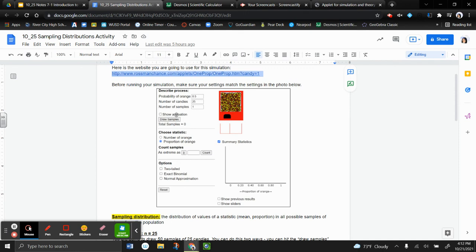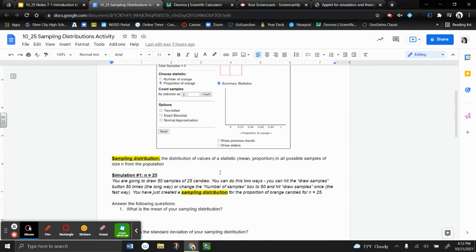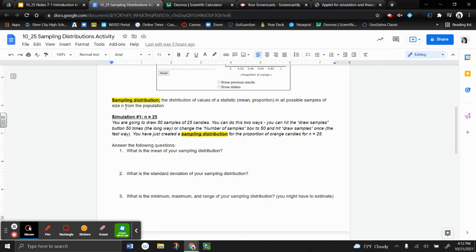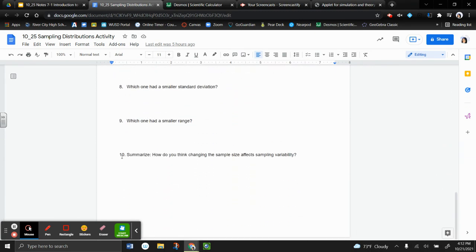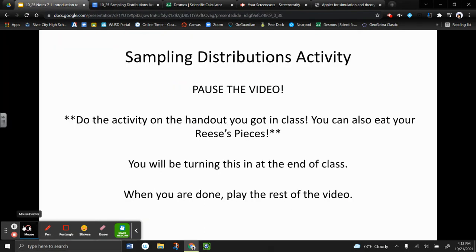You want to uncheck the show animation button, because if you keep it checked, it's going to take forever. You need to make sure you're calculating the proportion of orange, not the number of orange. And then you want to make sure the summary statistics box is checked. Then you're going to go through the instructions here, answer these questions, and when you get to question number 10, you're going to come back to this video and continue the notes. So go ahead and pause the video and do the activity on the handout you got in class. When you're done, come back to this video.